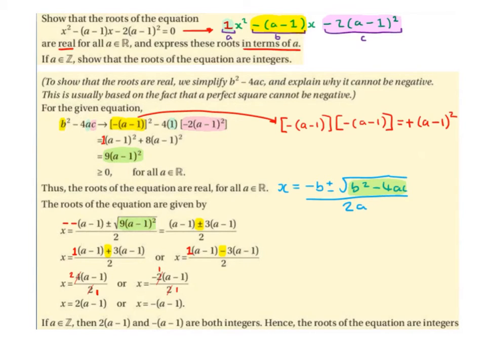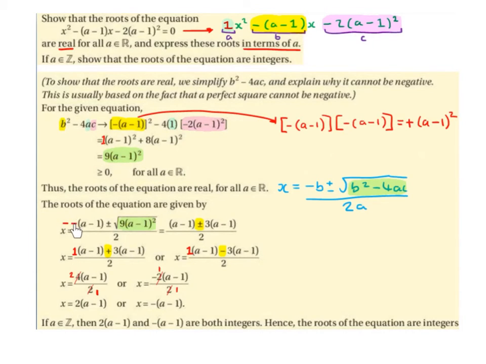Bring over the plus minus, the square root, and we already worked out b squared minus 4ac to be 9(a minus 1) squared, so we stick that underneath the root, and that's all divided by 2 multiplied by a, and remember a is 1, so that's 2.